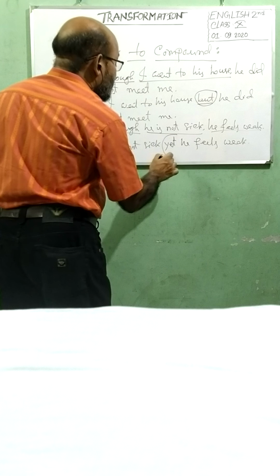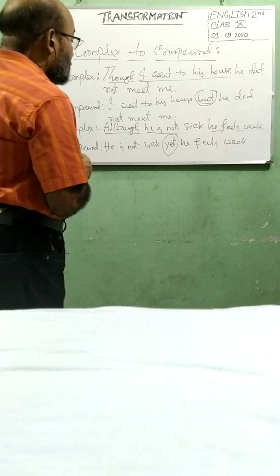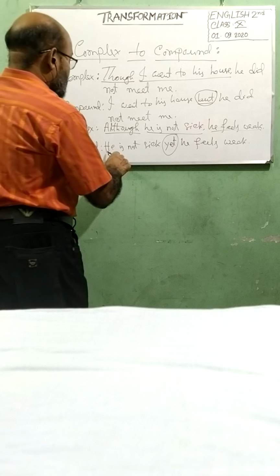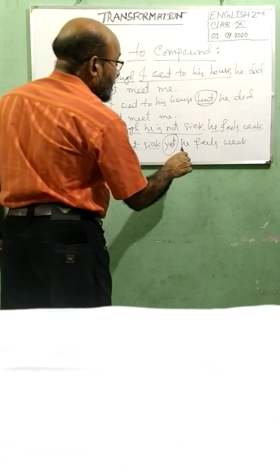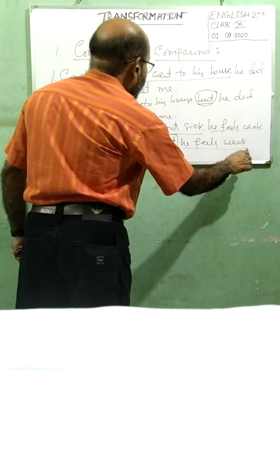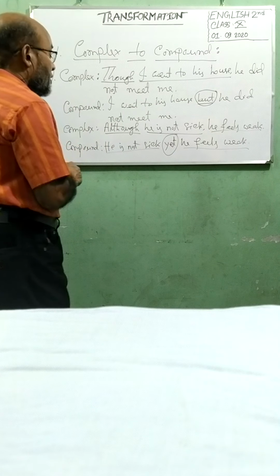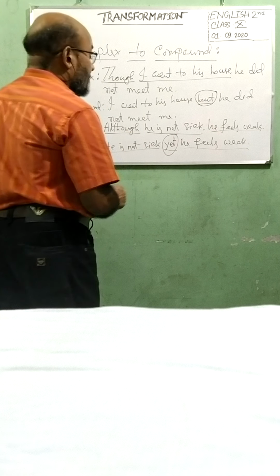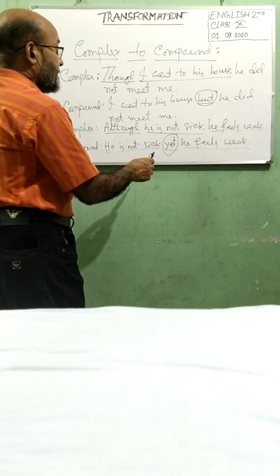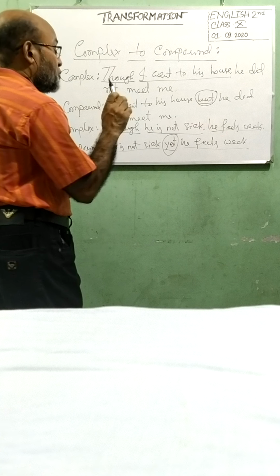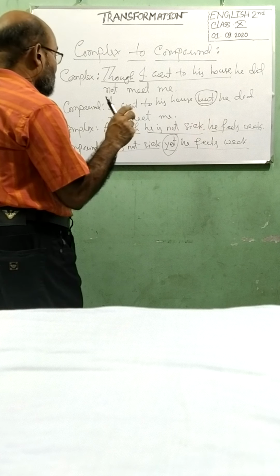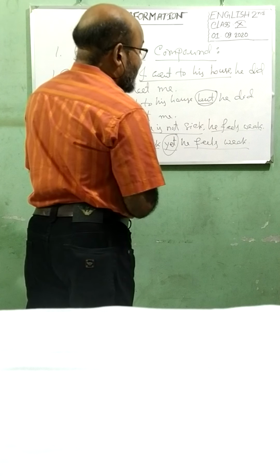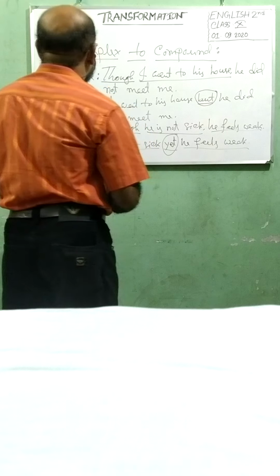We use yet to connect two principal clauses, he is not sick and he feels weak, instead of although. Instead of although, we use yet in the middle of the compound sentence to connect two principal clauses.